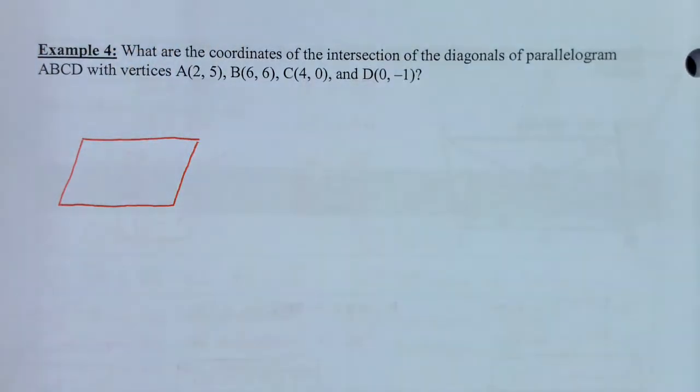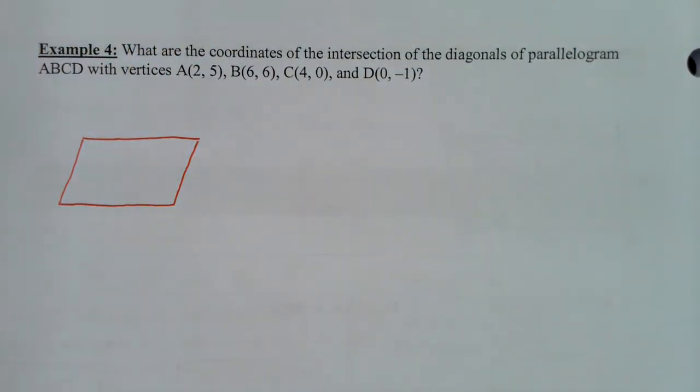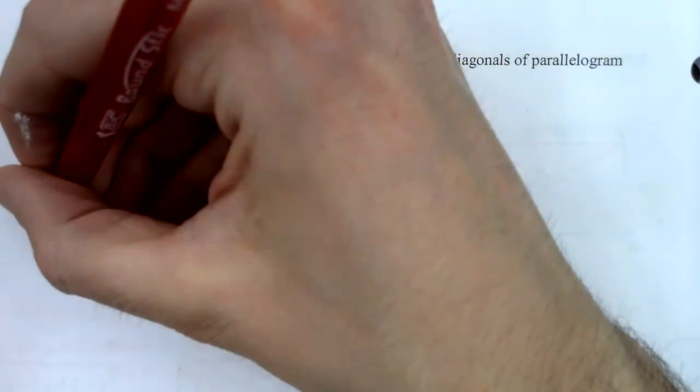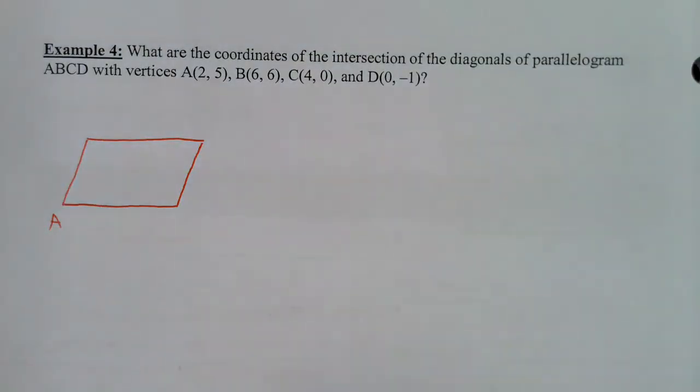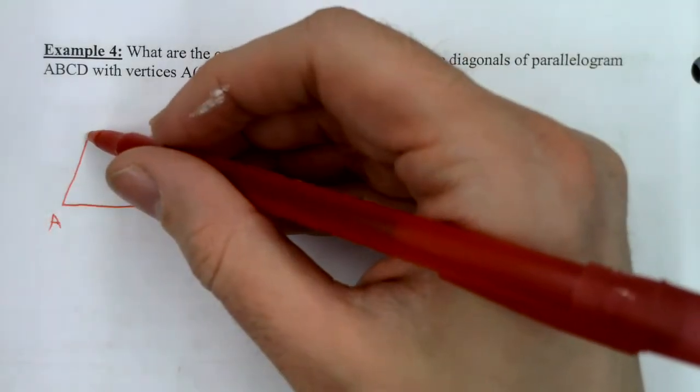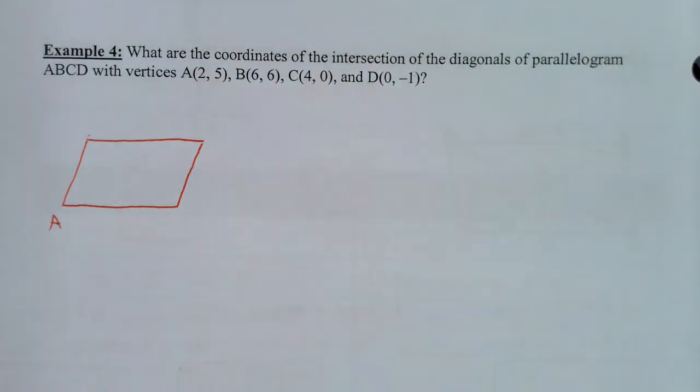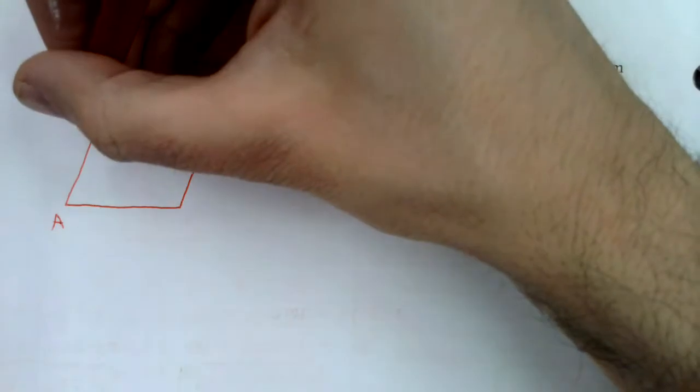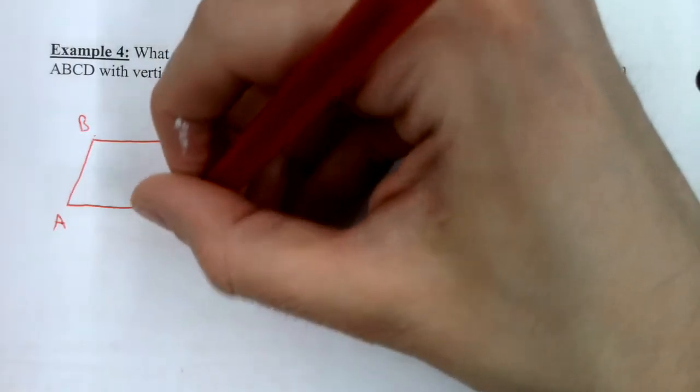When you name a parallelogram, it has to be in order. So, for example, if I say ABCD, I can't label that like A, C, B, D. I have to label in order, either clockwise or counterclockwise. So if I do A there, I'll say that's B, that's C, that's D.